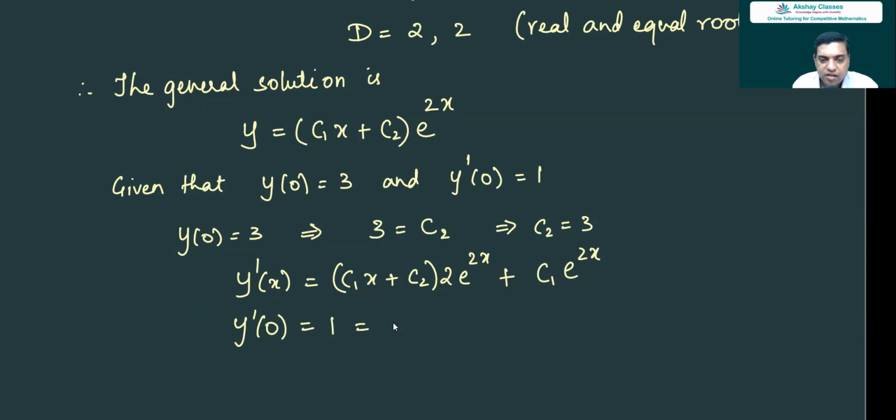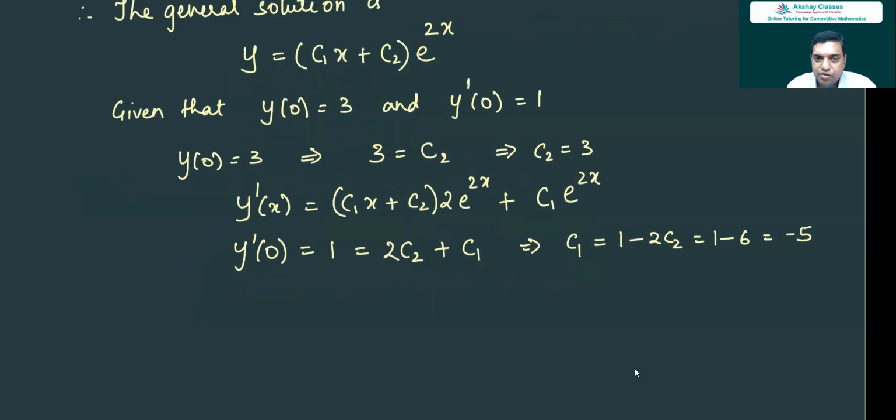Substitute. So we get 2c2 into 1 plus c1 into 1. So c2 we already found as 3. So c1 is 1 minus 2c2, so 1 minus 6, which is equal to minus 5. So c1 is minus 5, c2 is 3.